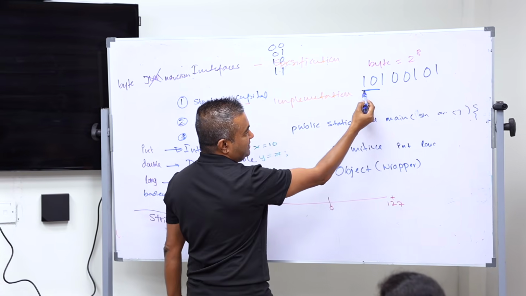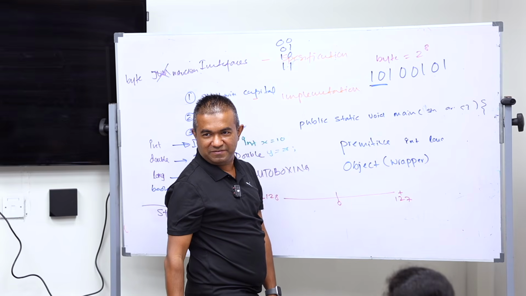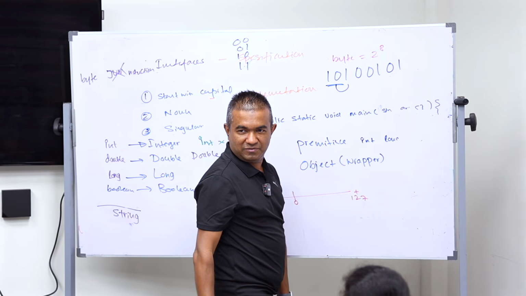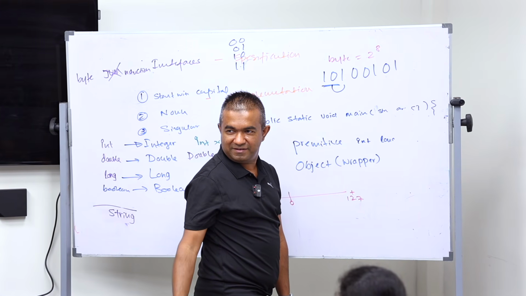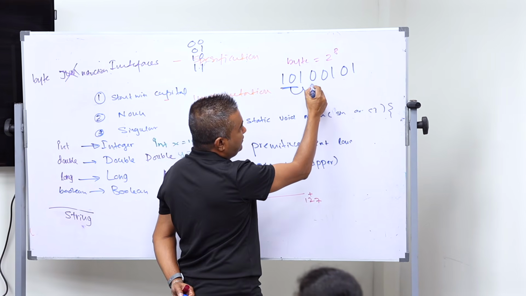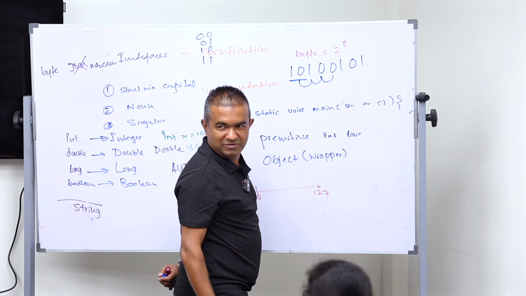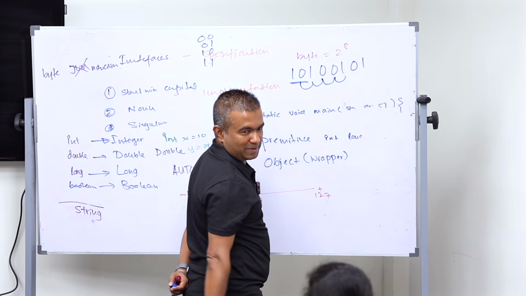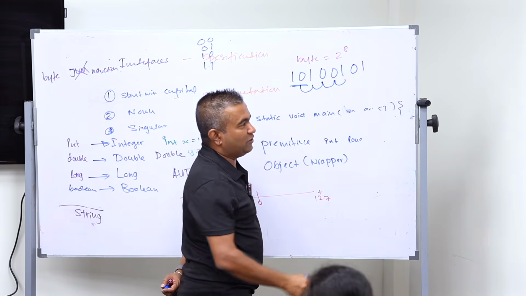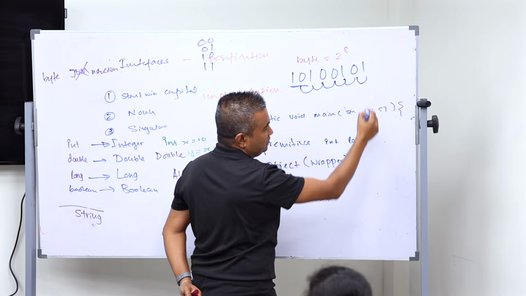Now you know, right? So, what is this value? 10. What is the value? 2. 2 into 2? 4. 4 plus 1? 5. 5 into 2? 10. 10 into 2? 20. 20 into 2? 40 plus 1? 41. 41 into 2? 82. 82 into 2?